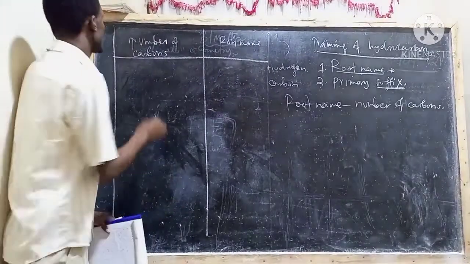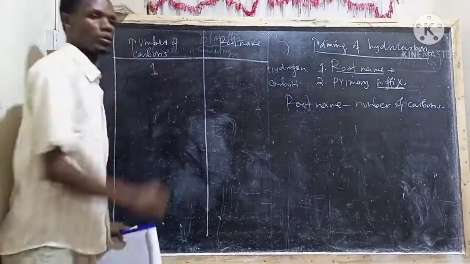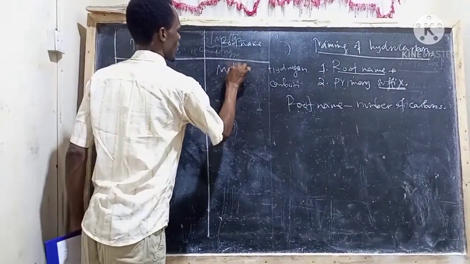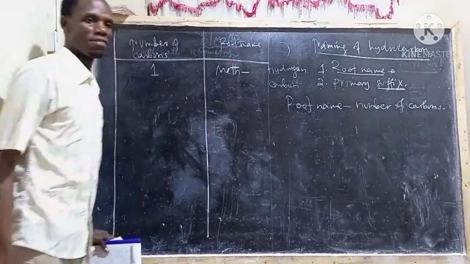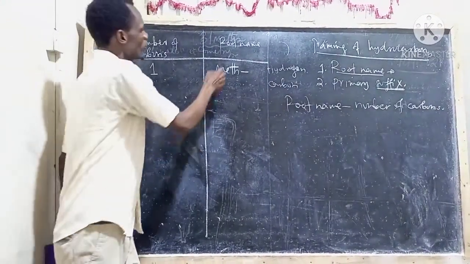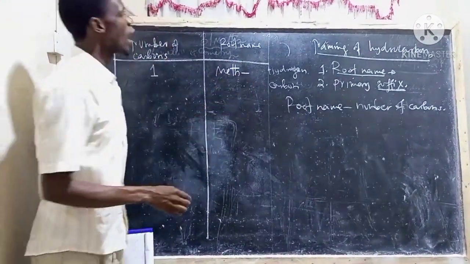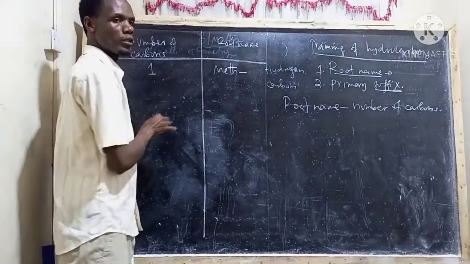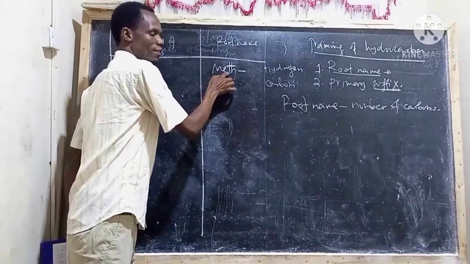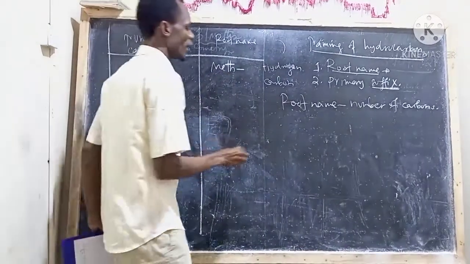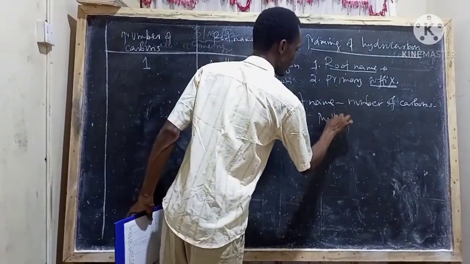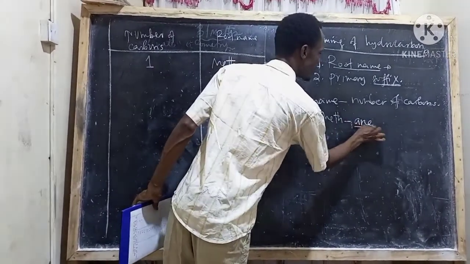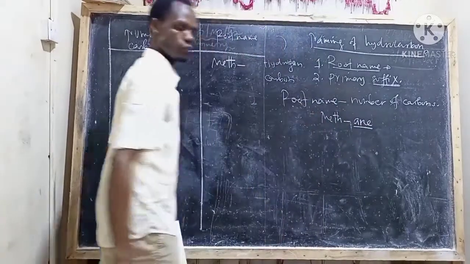If we have one carbon, the root name is called meth. Now, if you're talking about alkane, you call it methane. You have added the ending A and E.